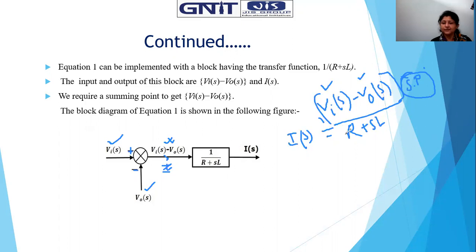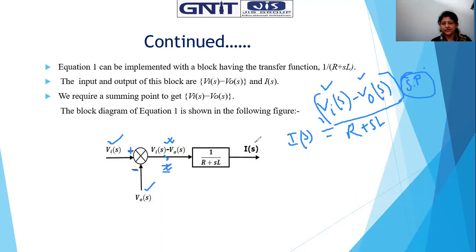Now we have to employ the gain. The gain will be in the block with the weightage, that is the transfer function of that block, which is 1 by R plus LS. So we put here 1 by R plus LS, with the input VIS minus VOS.